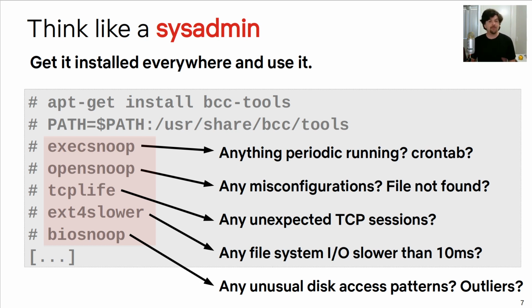So straight away you may be able to eliminate the I/O stack by looking at how the file system is returning I/O and the latency there. And then to drill down into the I/O stack, biosnoop shows you the disk access pattern, and you might discover issues there as well, such as outliers. So that's just 5 tools. You can just run them as is, and you might find some performance wins straight away.